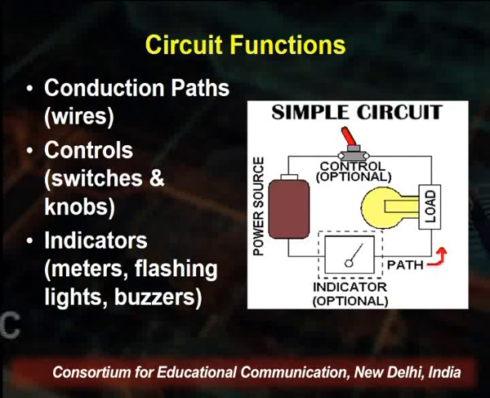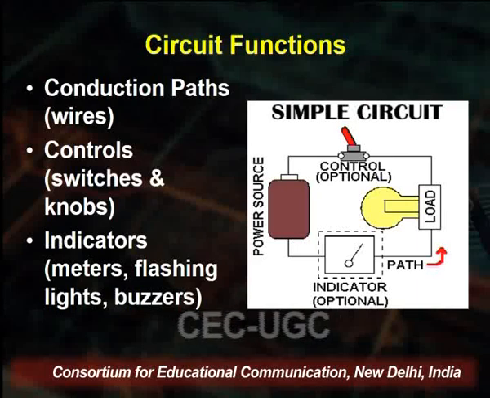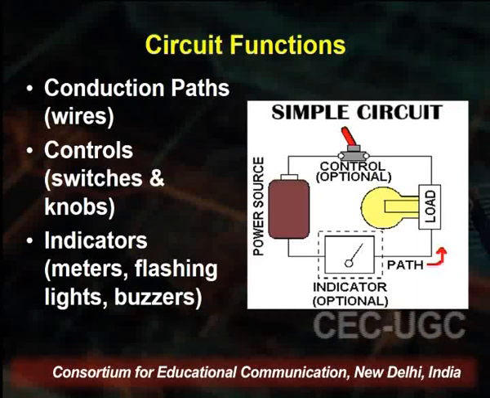Then control switches and knobs decide whether it starts or turns off, and how the current will flow or be stopped. Then indicators give meters, flashing lights and buzzers. These are the basic parts of an electronic device circuit.